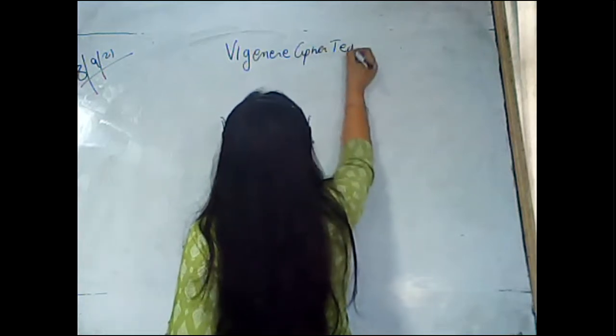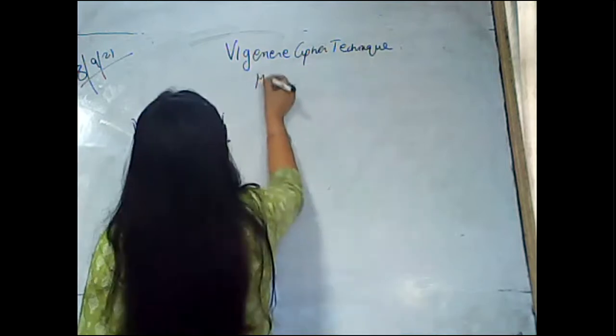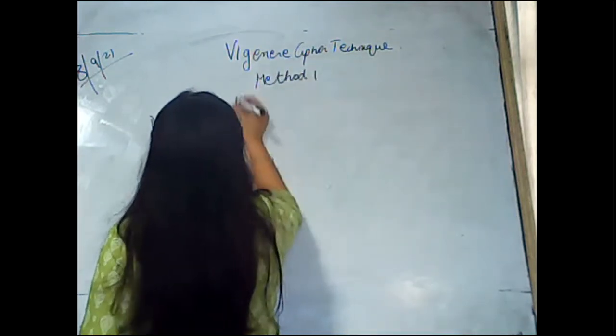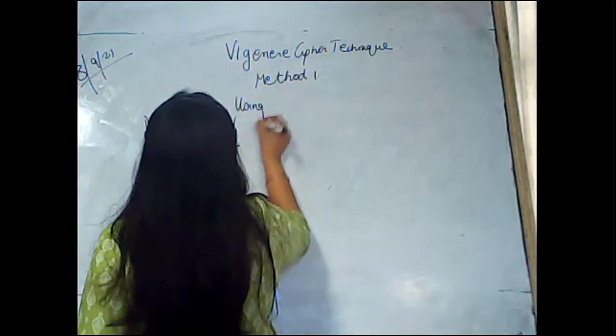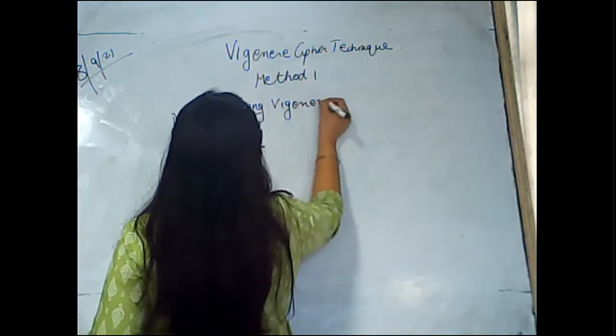Here we will implement the first method, method 1, using the Vigenere table.